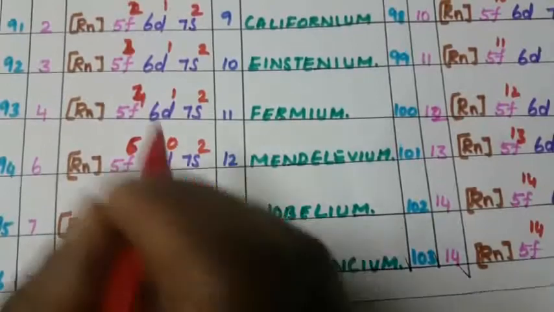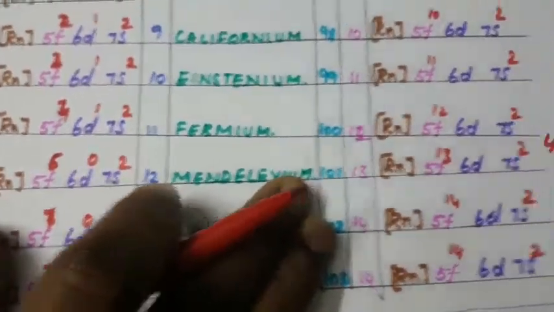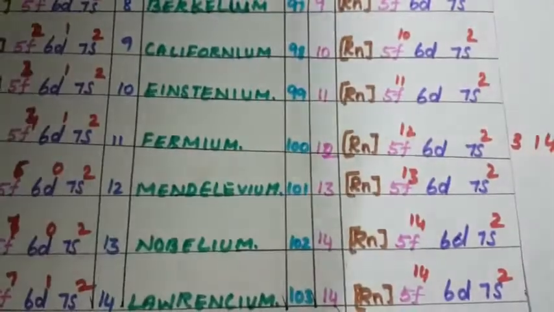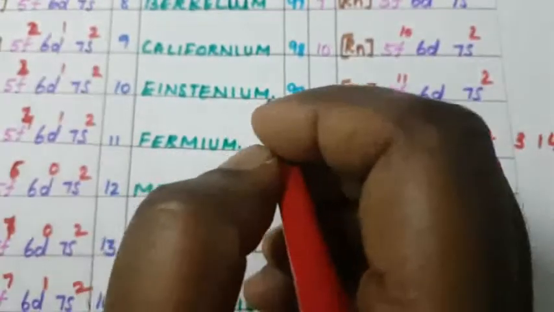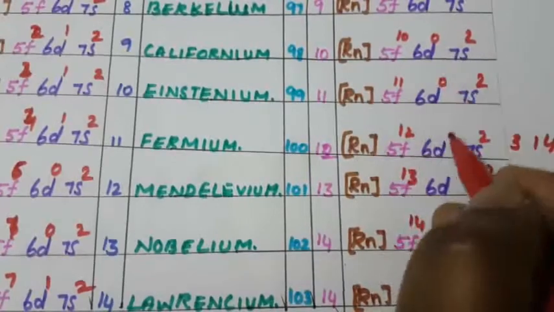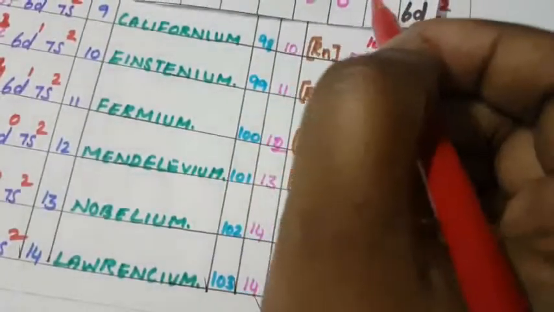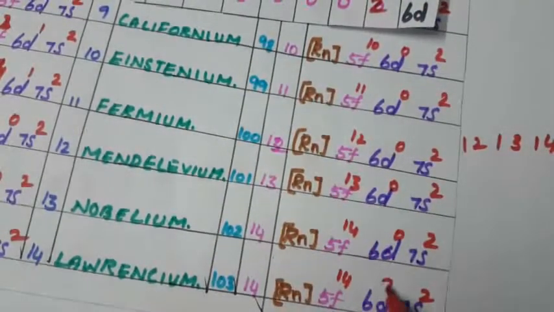Right? Then 1, 1. Then again 0. Up to all elements are 0, right? 0, 0, 0, 0, 0, 0. Then finally this one will be 2.